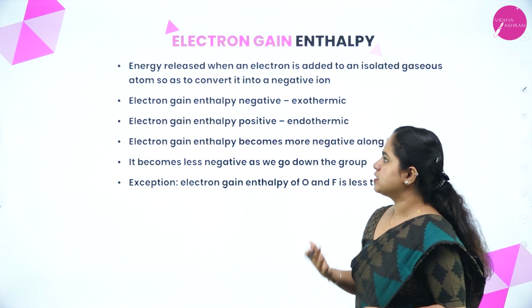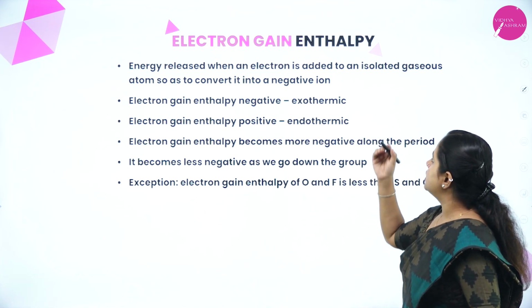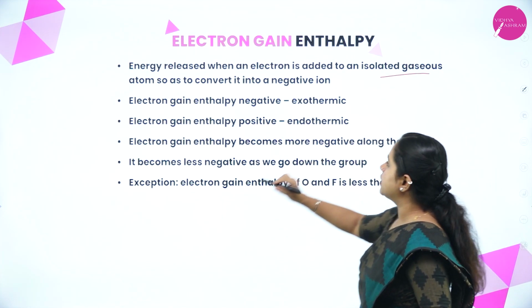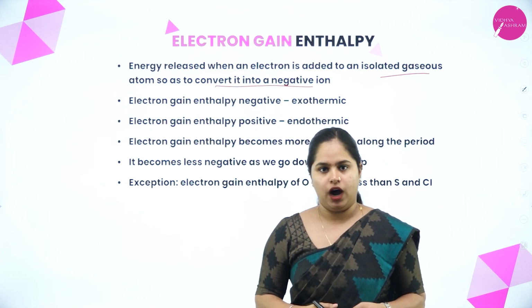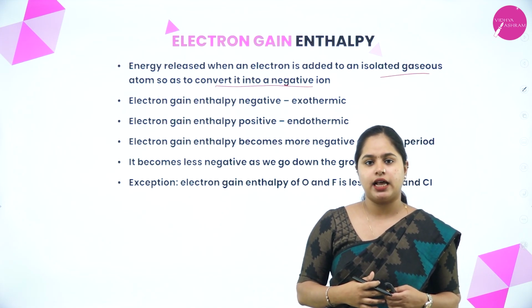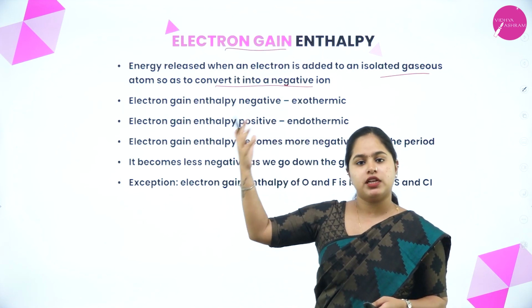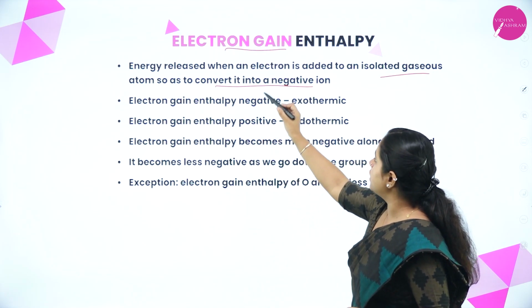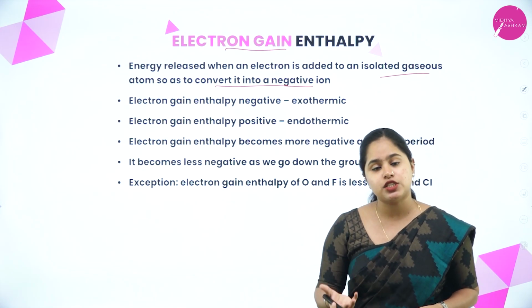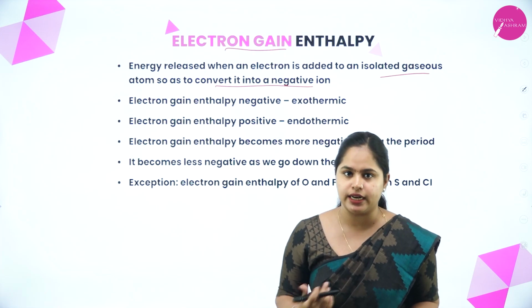Electron gain enthalpy. So what is it? It is the energy released when an electron is added to an isolated gaseous atom so as to convert it into a negative ion. From the name itself, when an electron is gained or added to an isolated gaseous atom, a certain amount of energy is released.